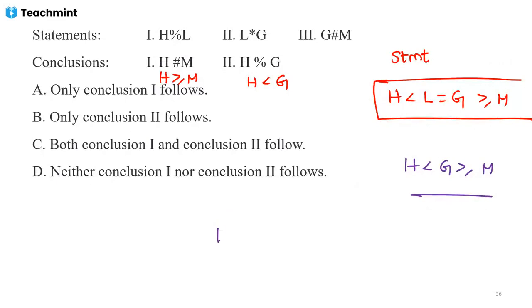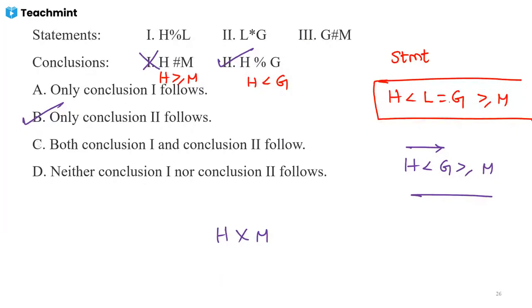When there is no common symbol, I cannot see any relation between H and M. Eliminated. H to G: H less than G, here also H less than G, so only conclusion 2 follows. When there is no common symbol throughout the path from H to M, you can just ignore it.